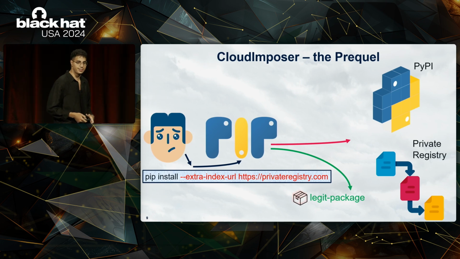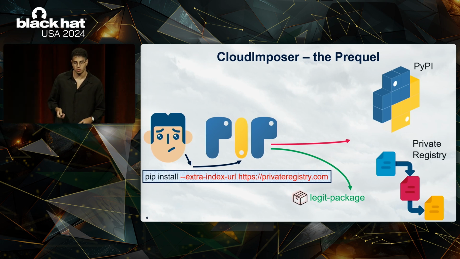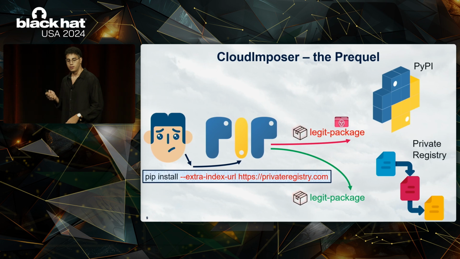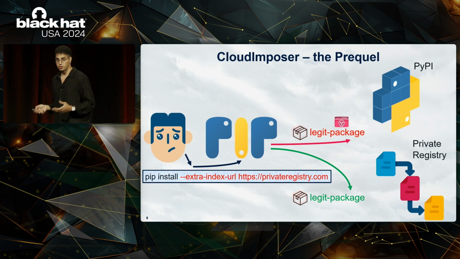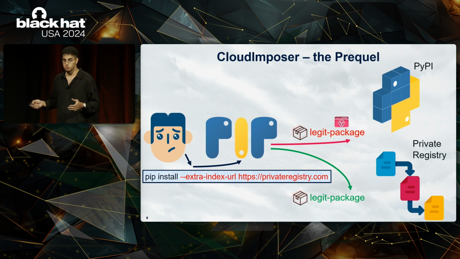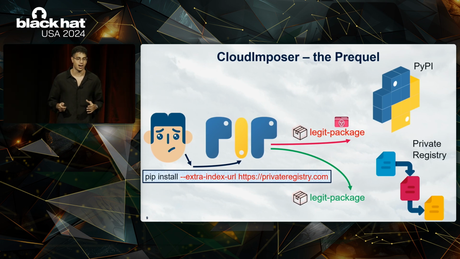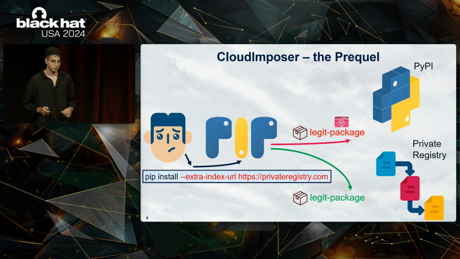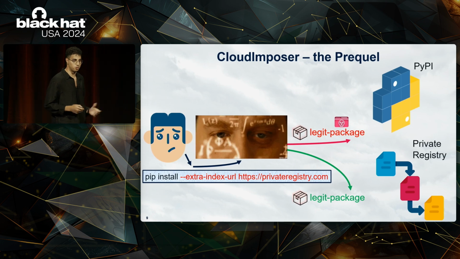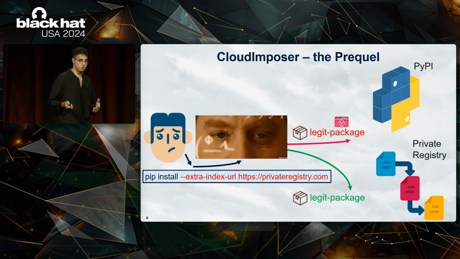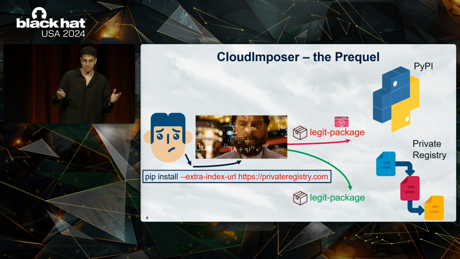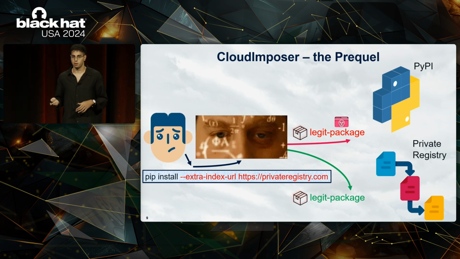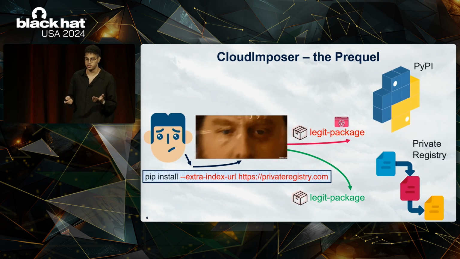So in that case, an attacker might take the opportunity to upload a malicious package with the same name, in that case named legit package, but with malicious code inside this package. So pip is now getting confused because, as the extra index URL told it, search also the public registry, but it sees two packages with the same name.